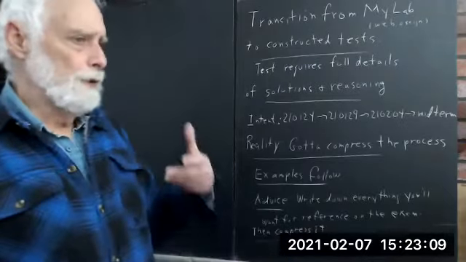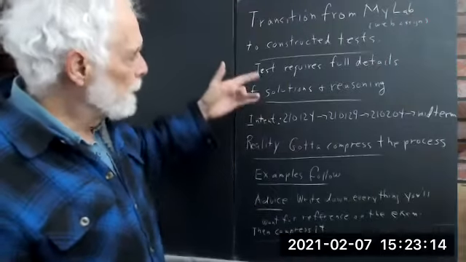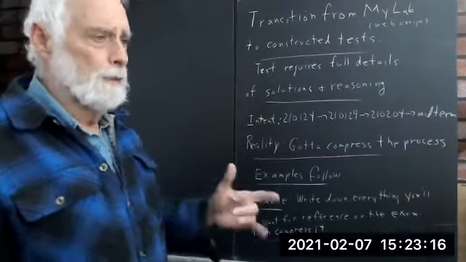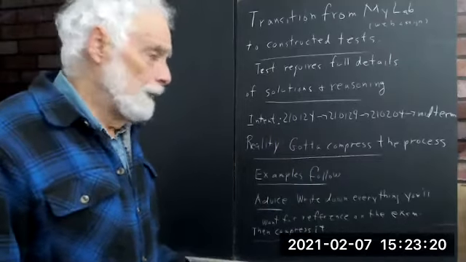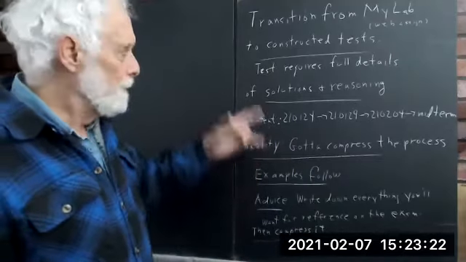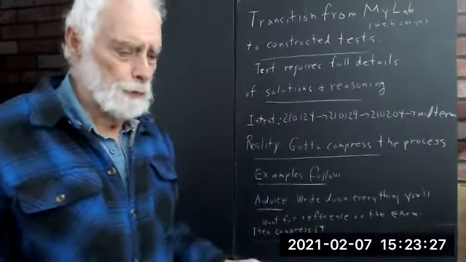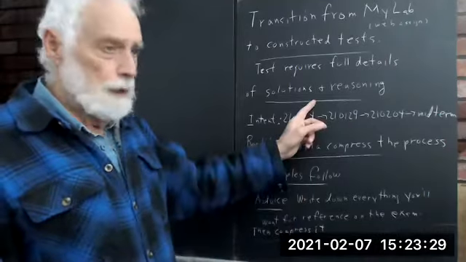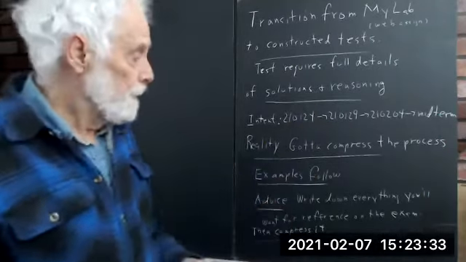Now, at this stage, since you're not totally familiar with this, I'm a little more flexible in how I interpret this than I will be on the final. Okay. But basically, I've got to see this. In other words, if you don't show me all your details and your reasoning, I'm going to be a little more lenient than I will be on the final. But I'm still going to penalize it. Okay.